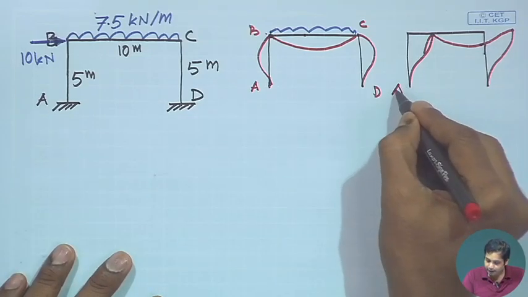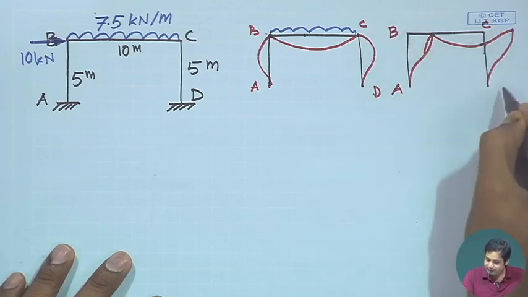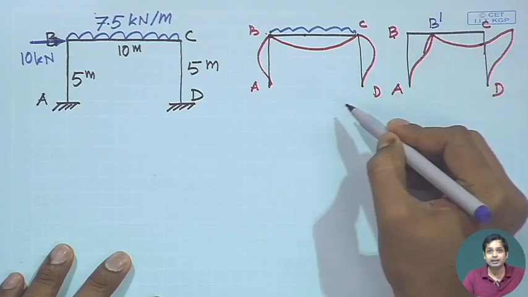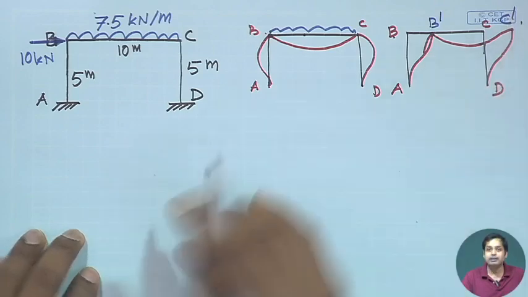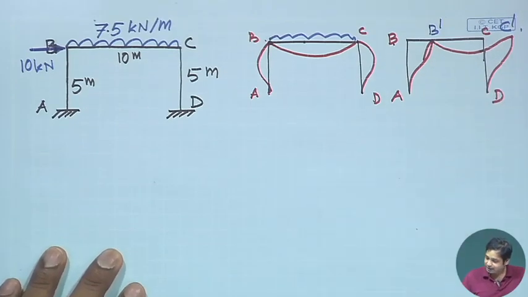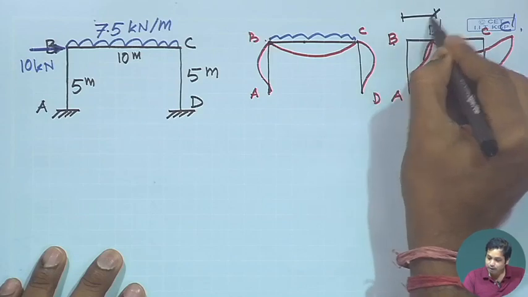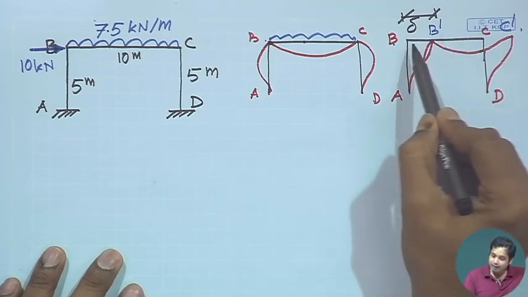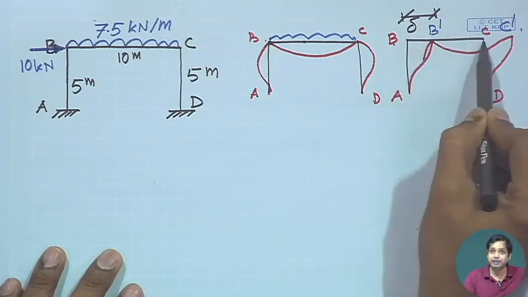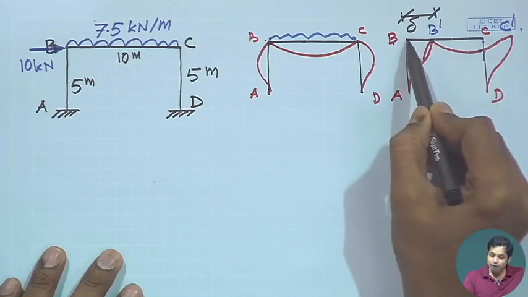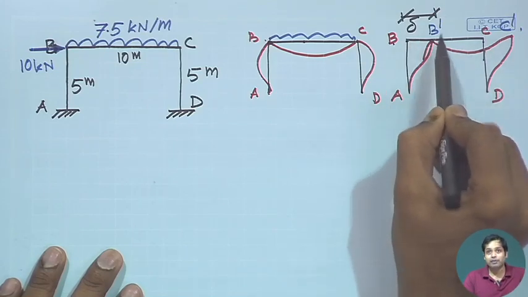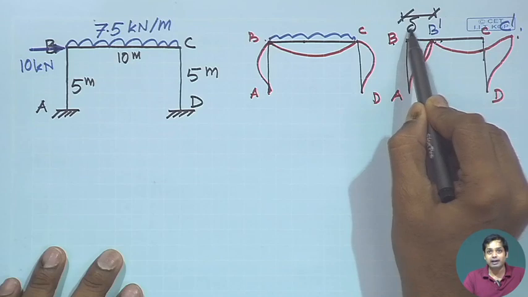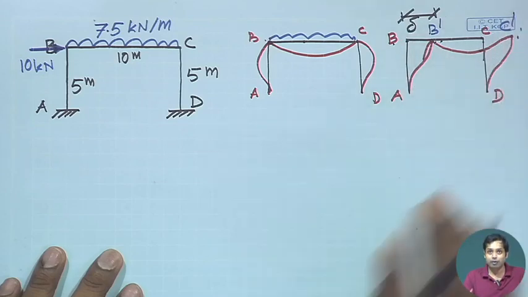Point B goes to B dash and point C goes to C dash, and this distance is delta. Since we assume there is no actual deformation in BC or in any member, the amount of sway that takes place at B, the same amount of sway will take place at C dash. So, BB dash is equal to delta, and similarly CC dash is equal to delta.